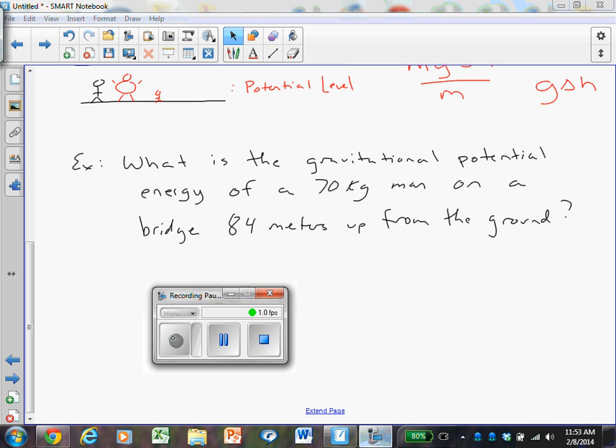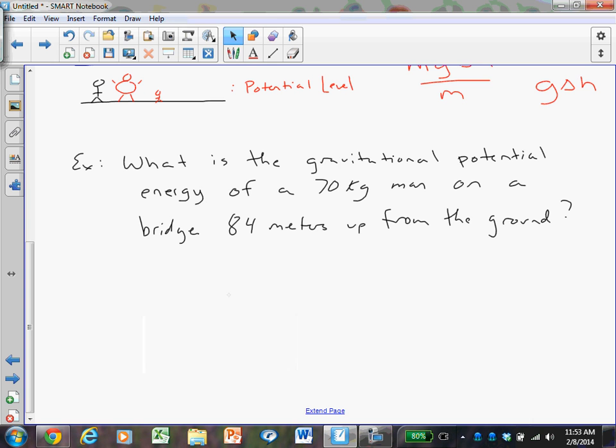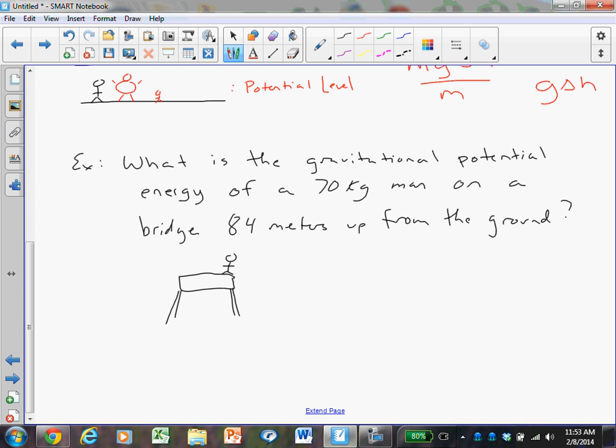Here's an example. What is the gravitational potential energy of a 70 kilogram man on a bridge 84 meters up from the ground? So the person is standing on the bridge, and this distance down to the ground is 84 meters.